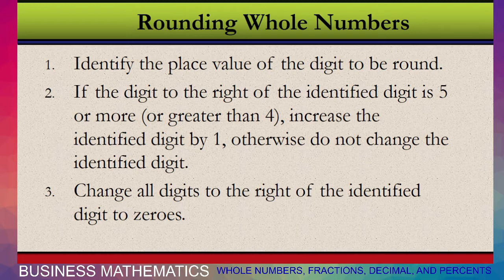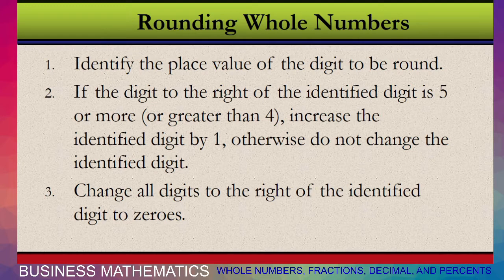Next, number 2. If the digit to the right of the identified digit is 5 or more, or greater than 4, increase the identified digit by 1. So, kung yung nasa kanan natin na number ay greater than 4 or 5 pataas, mag-a-add tayo ng 1 dun sa digit na nasa unahan. Then, yung nasa kanan na mga numbers ay magiging 0. Number 3, change all digits to the right of the identified digit to zeros.